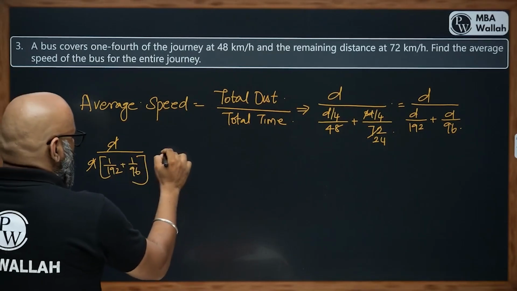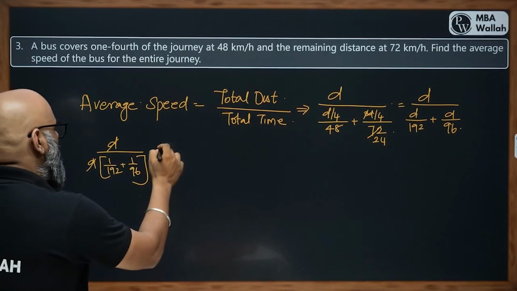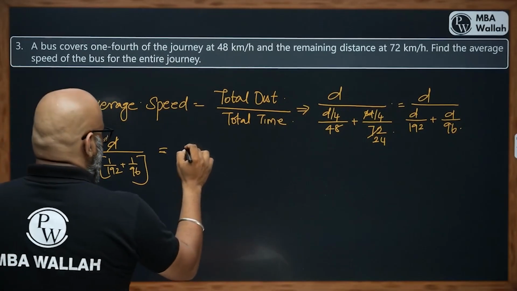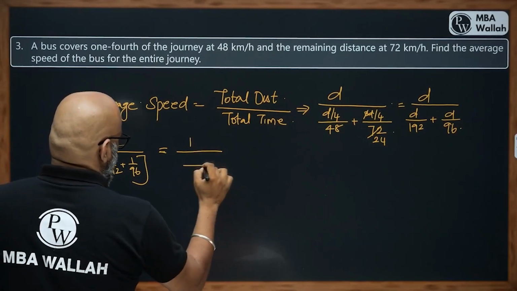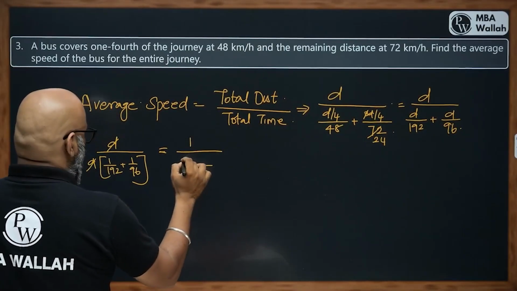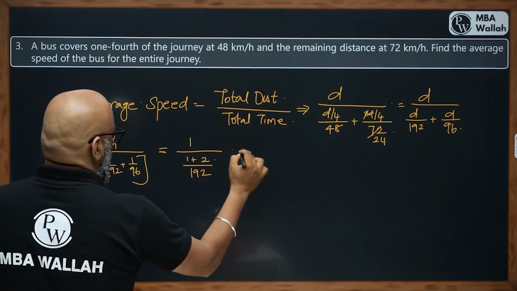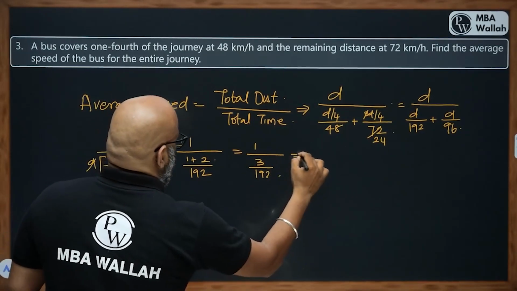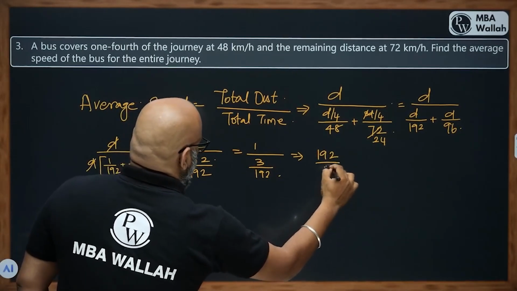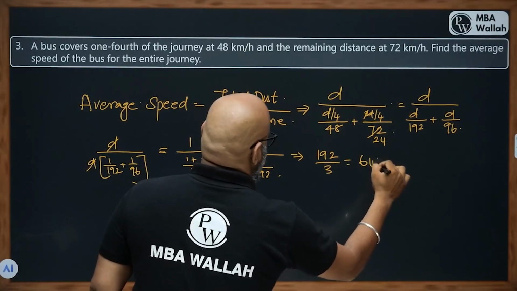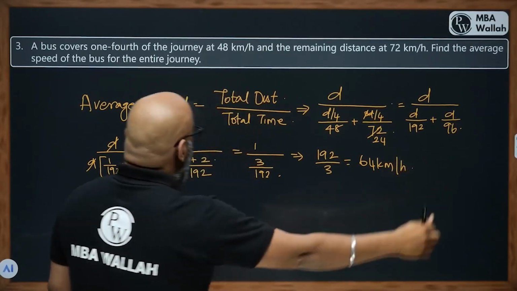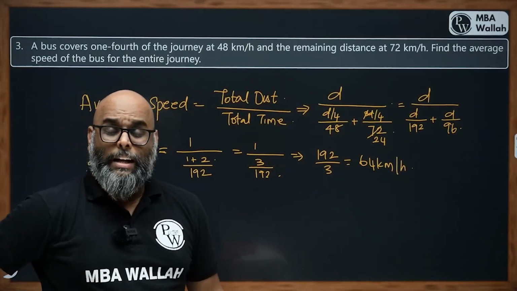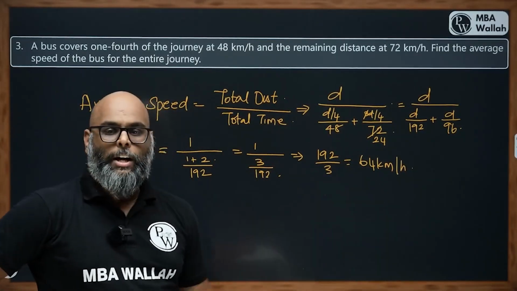We'll end up taking LCM of 192 and 96. The LCM itself is 192. So this will be 1 divided by 1 plus 2, or 1 divided by 3 by 192. This will be 192 by 3. That will be 64 kilometers per hour. Because the average speed in this entire travel would be 64 kilometers per hour.